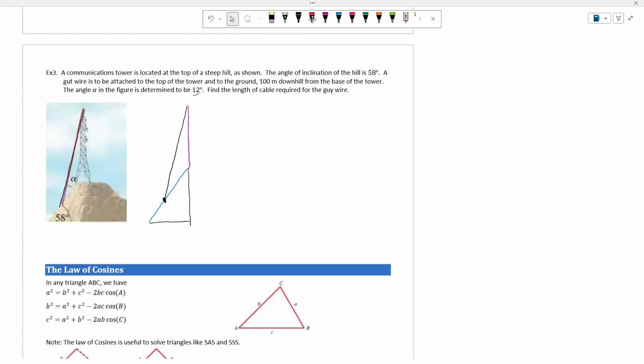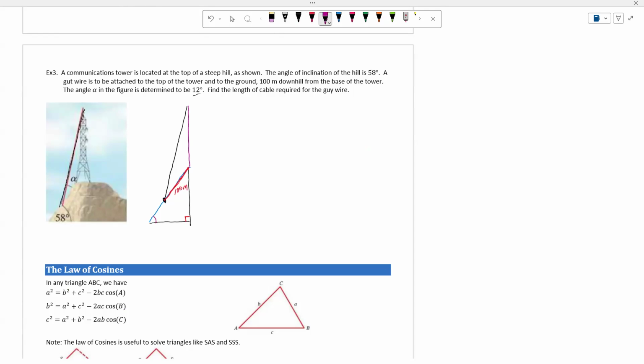First of all, you have to notice that this angle right here is a 90-degree angle. And the distance from the base of the tower to here is 100 meters.